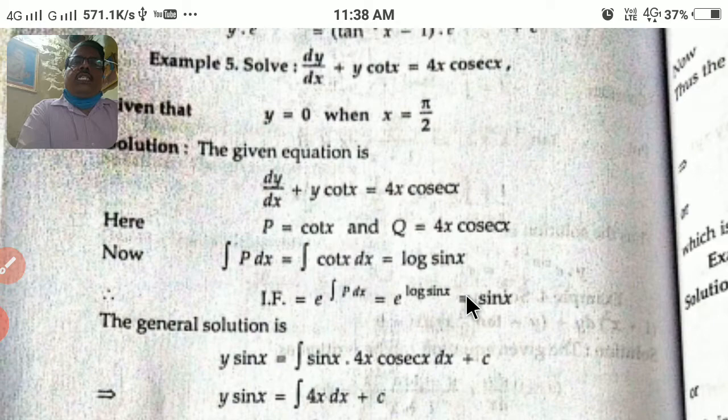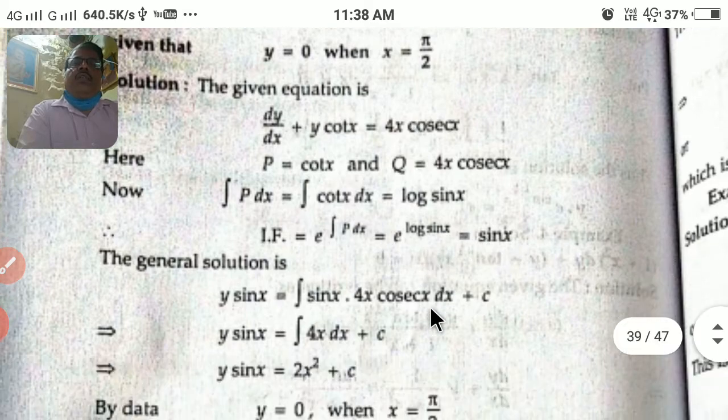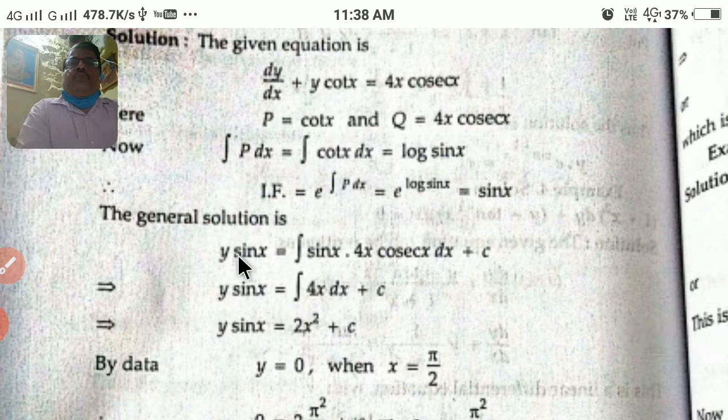This is log sin x, so e raised to log cancels, and it is sin x. Now the general solution is y into the integrating factor. The integrating factor is sin x, so y into sin x is equal to integration of Q, that is 4x cosec x, into the integrating factor sin x, plus the integration constant c.